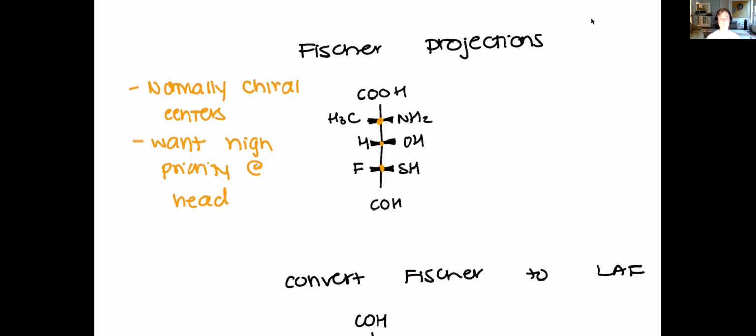Before we go to MolView, I just want to introduce what a Fischer projection is and how it's similar to a Newman projection, but a little bit different. A Fischer projection is another way to view the molecule. We have the regular line angle representation, then a Newman projection, and also these Fischer projections.